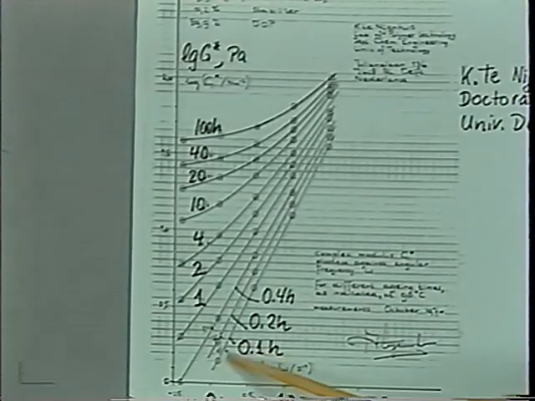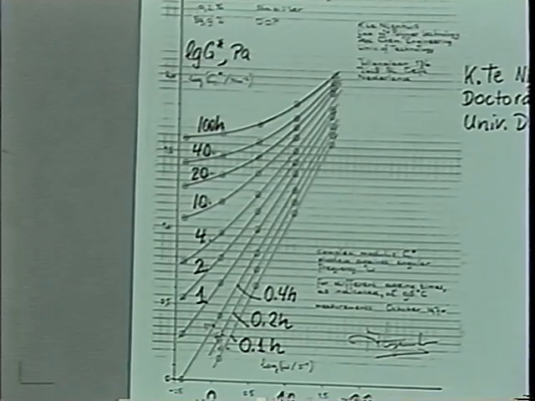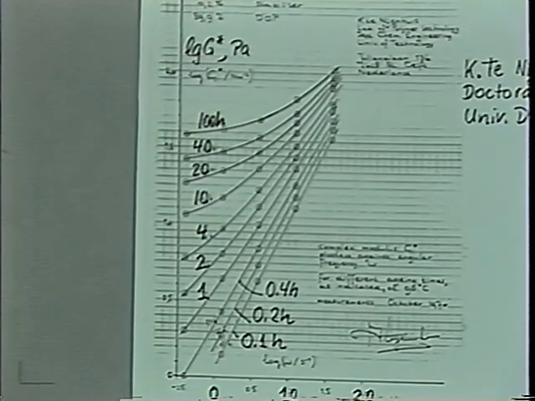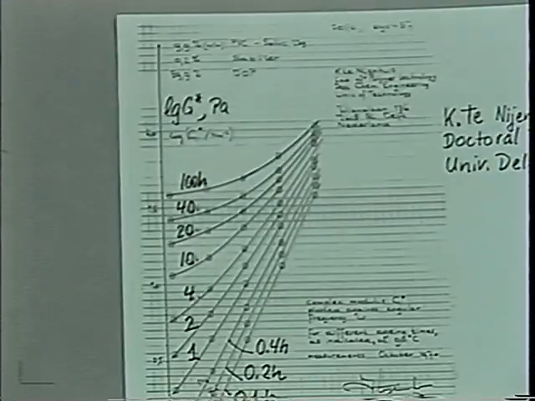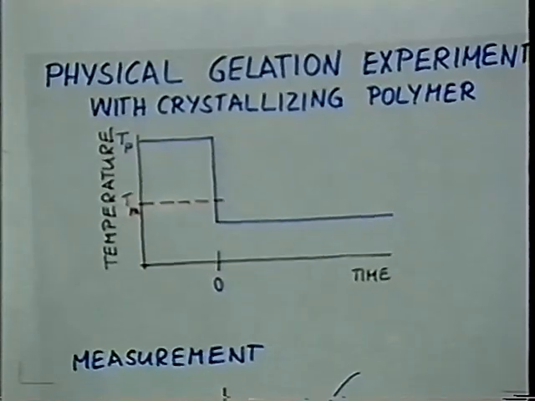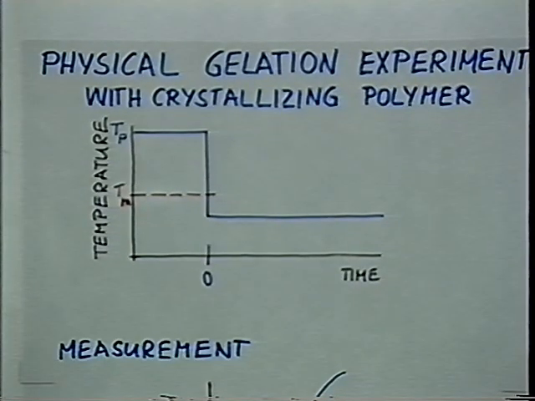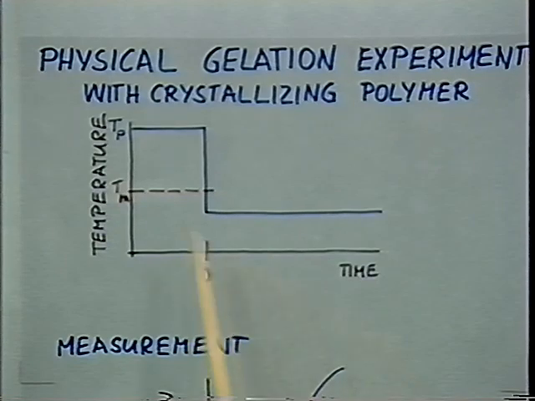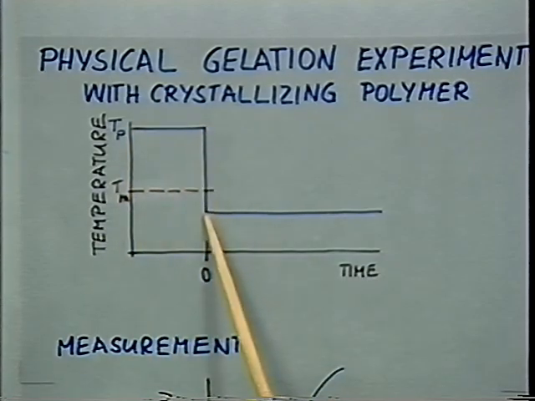The early sample, in this case, well, should I? Yeah, let me come back to the schematic of the experiment again, what he did. He had a system which he melted at, I think, 160 degrees, and then he went below the melting temperature.